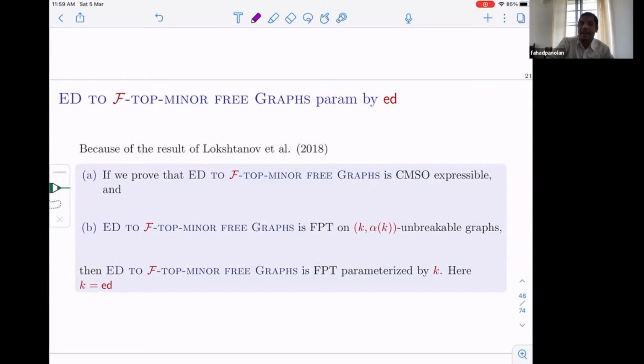And if I prove A and B, then by this theorem we get that our problem is FPT on general graphs parameterized by elimination distance. So the pattern is the same.